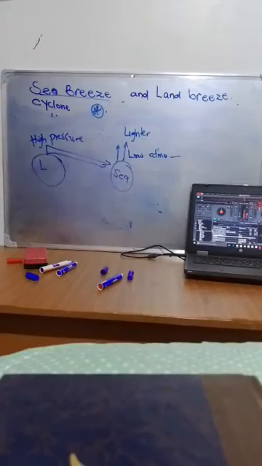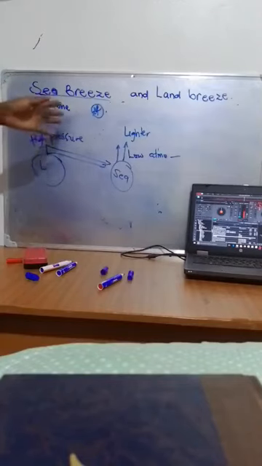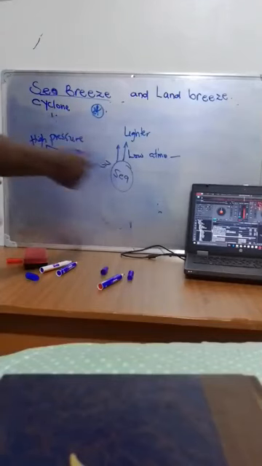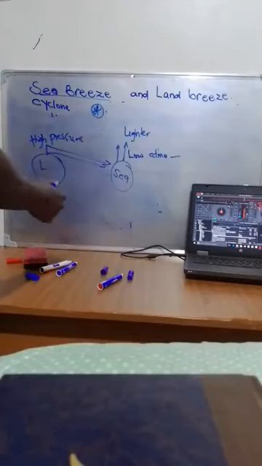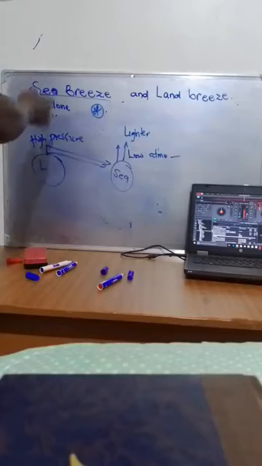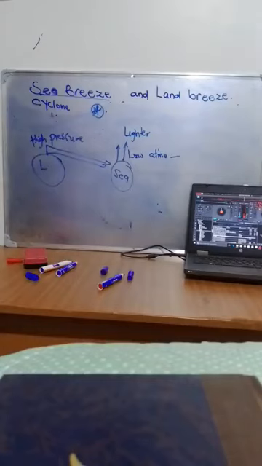So when you ask what causes the sea breeze, in simple terms, it is the difference in atmospheric pressure. Air is always going from places with high atmospheric pressure to places with low atmospheric pressure. So the difference makes air mass shift from an area of high pressure to an area of low pressure.